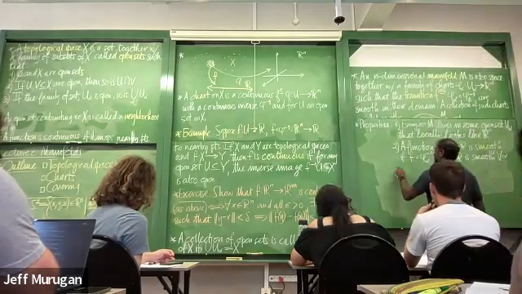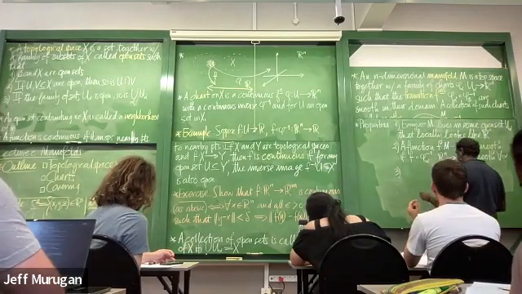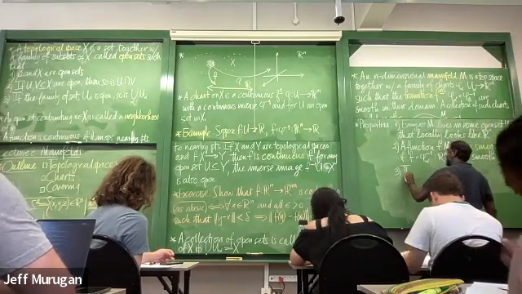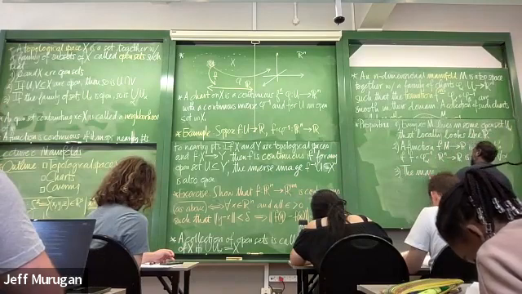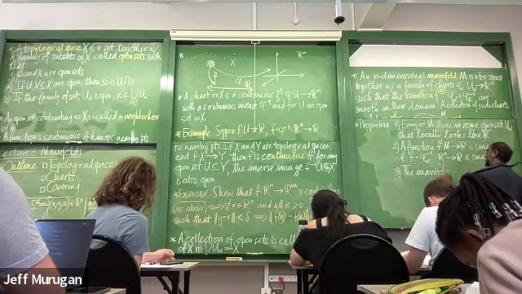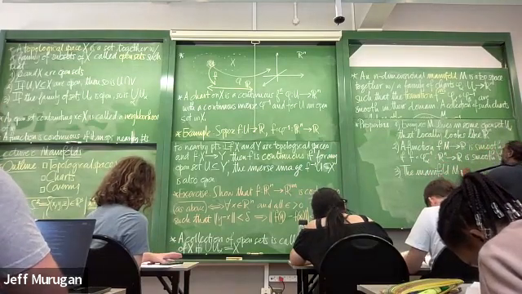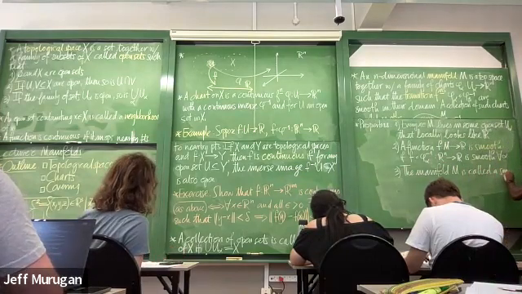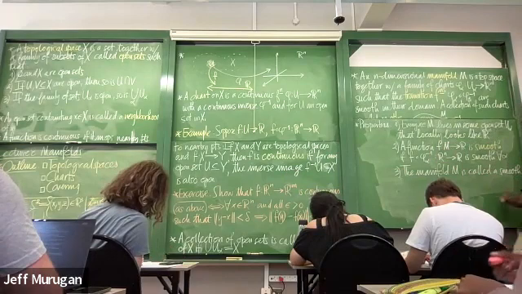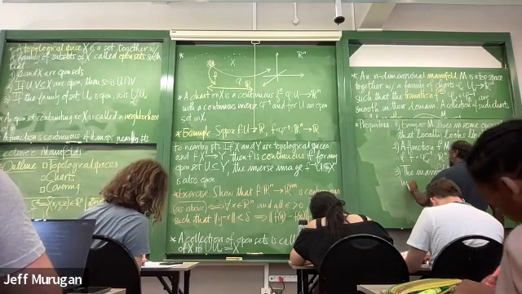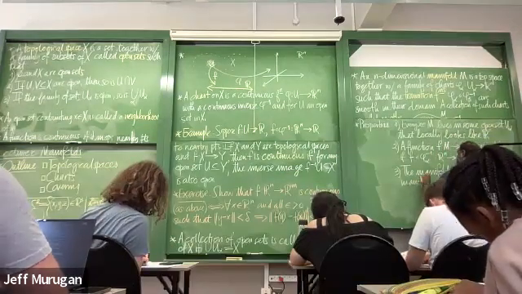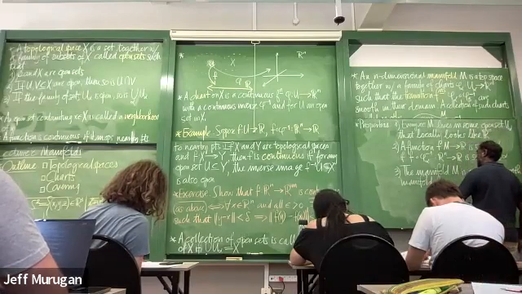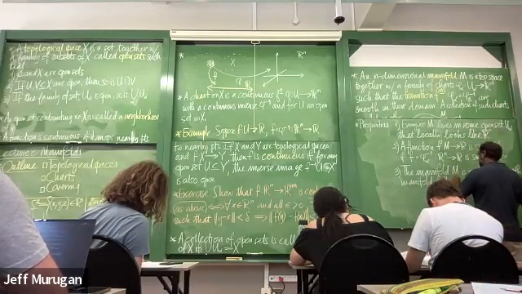So the manifold M is called a smooth manifold if the transition functions are smooth.